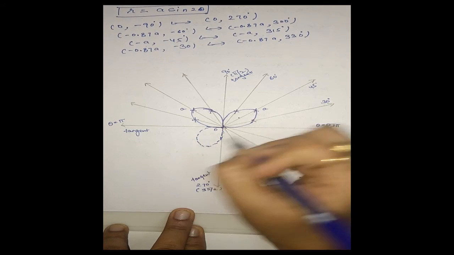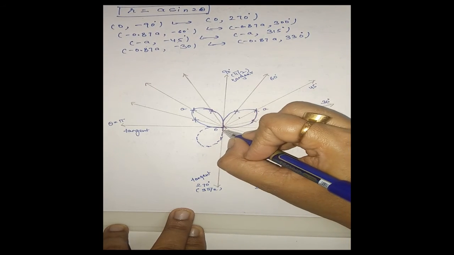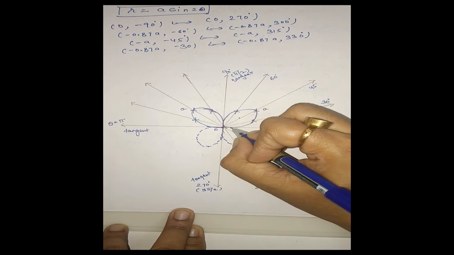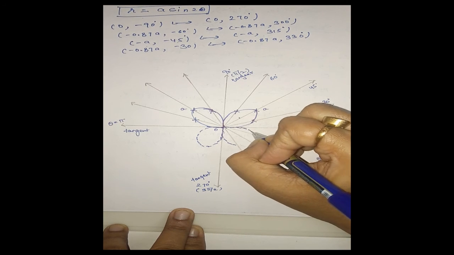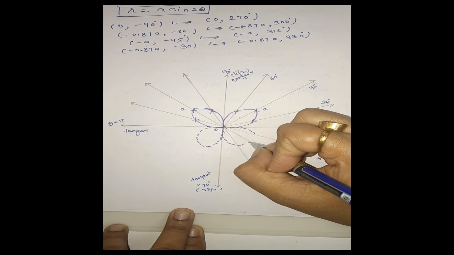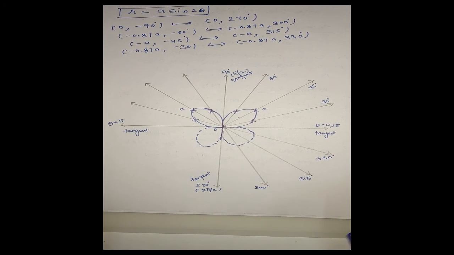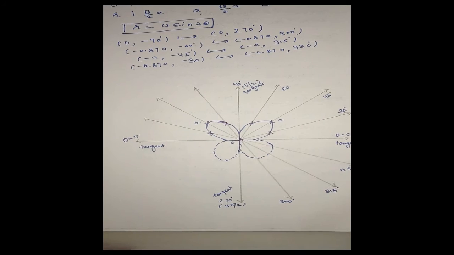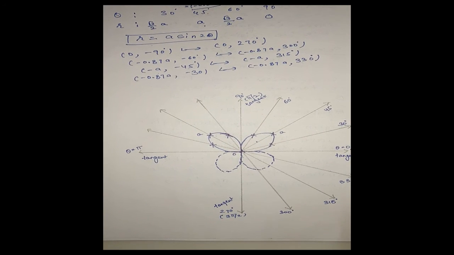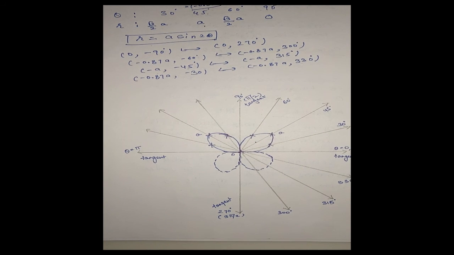This will be like this, and from the second we will reach the fourth quadrant. That's the meaning of symmetric with respect to the pole. Now this is the graph of the curve r is equal to a sine 2 theta.